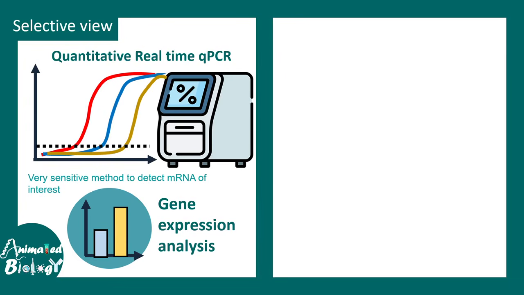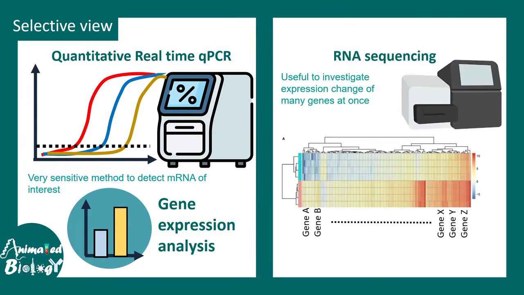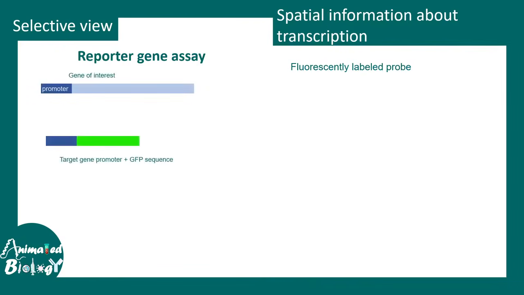But what if you want to get a holistic or global view? Then RNA sequencing is a good technique. There are so many genes, from gene A to gene Z, that can possibly change, and RNA sequencing gives you an overall global picture. Then there are other strategies such as reporter assay, and spatial information can be obtained by fluorescence in situ hybridization.